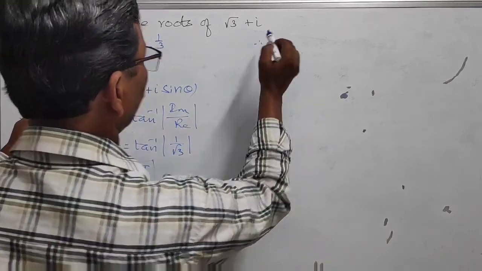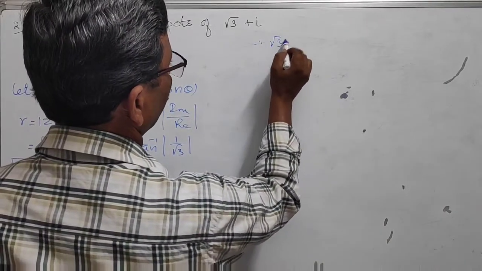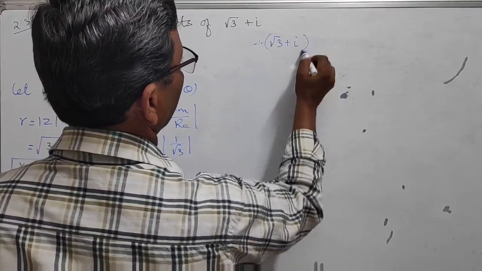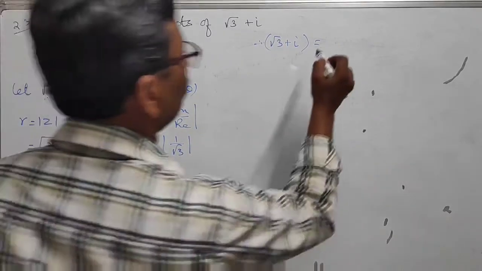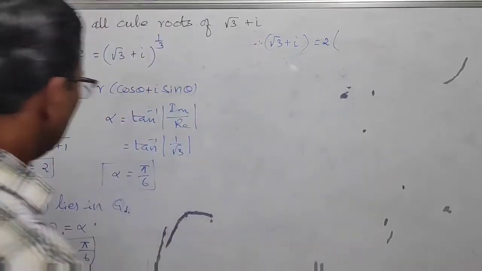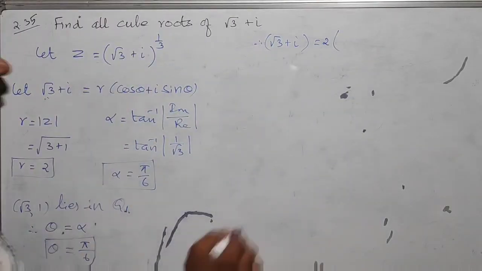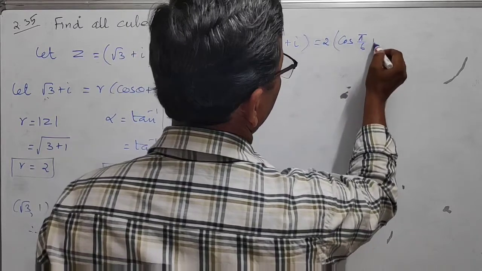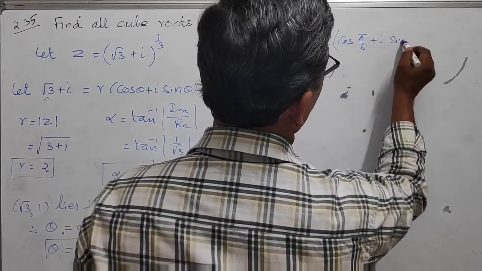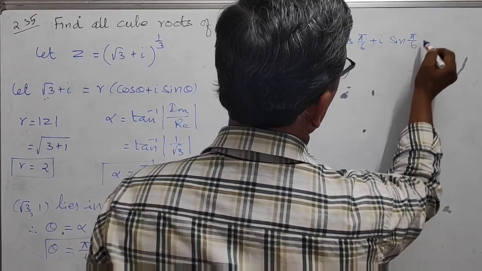Therefore, root 3 plus i equal to, r value is 2, 2 into cos theta, theta equal to pi by 6, cos pi by 6 plus i sin pi by 6.